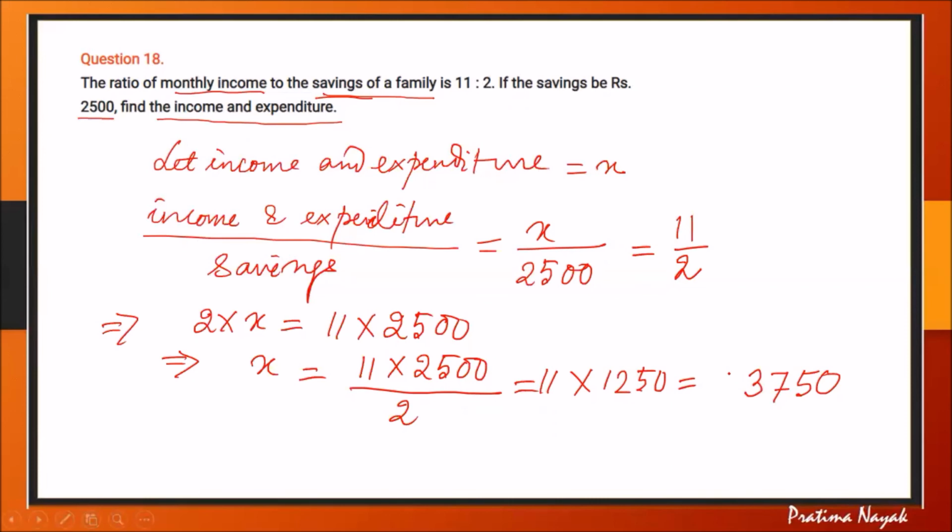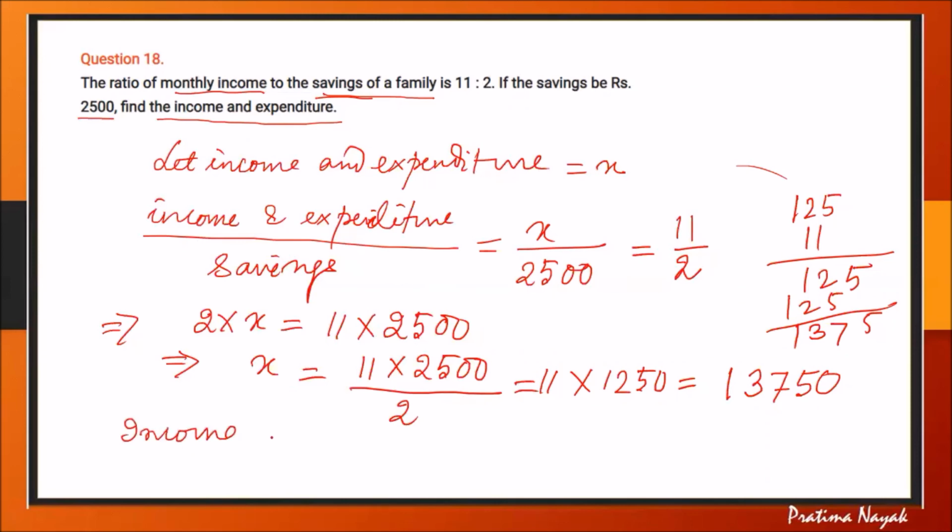Let us multiply once. 125 into 11. 5, 7, 3, 1. So this is the income and expenditure. So income and expenditure is rupees 13750.